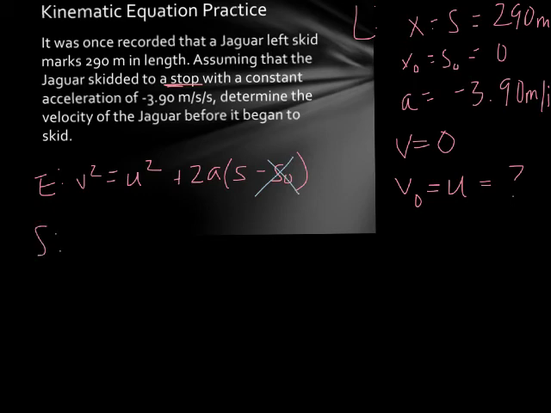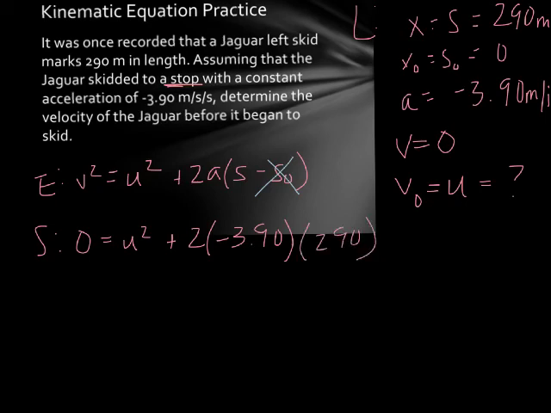We know our final velocity is 0, and 0 squared is 0, so I don't need to write the squared part. And that's going to be equal to u squared plus 2 times negative 3.9 times 290.